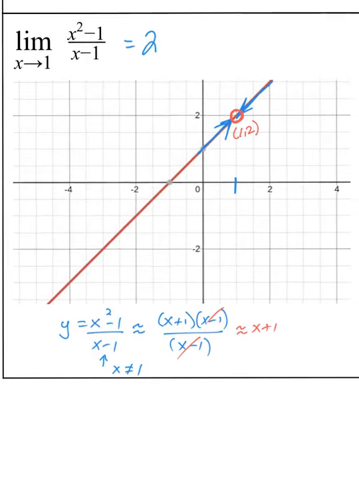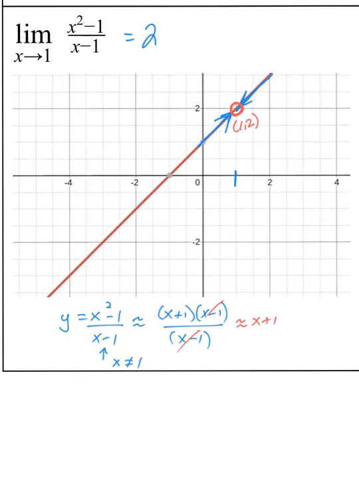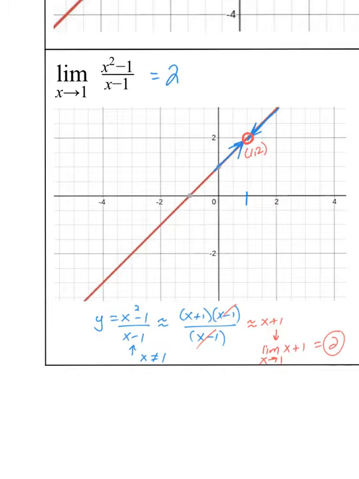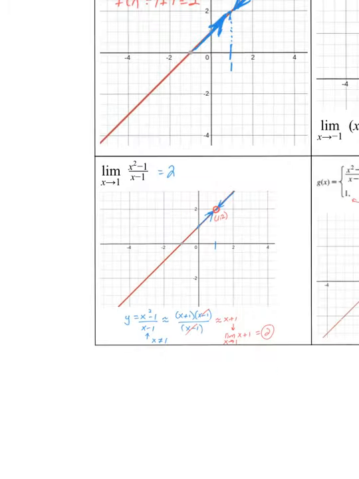So here is your tip: you can then possibly reduce the fraction, and then take the resulting function and find the limit as x approaches 1 of x plus 1. And now substitution works. So sometimes substitution doesn't work immediately, but it works if you simplify the function.